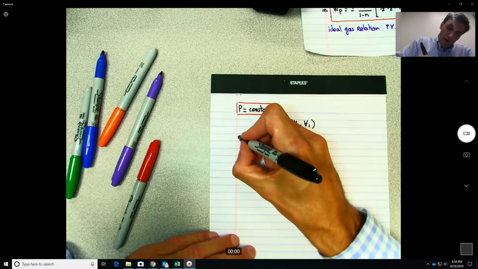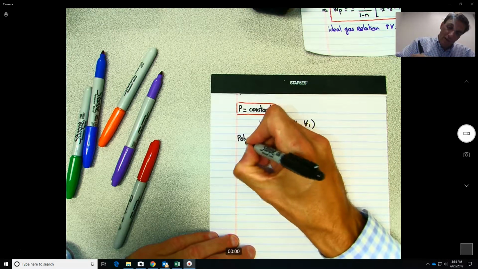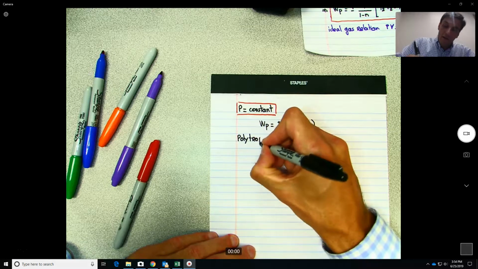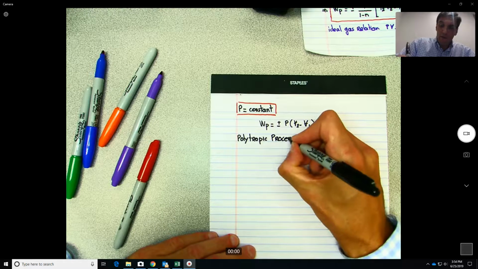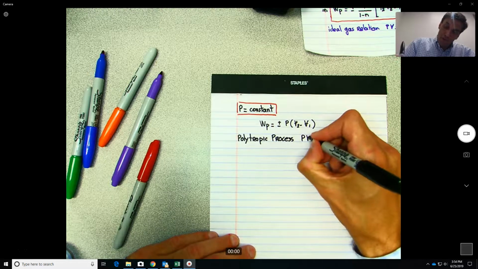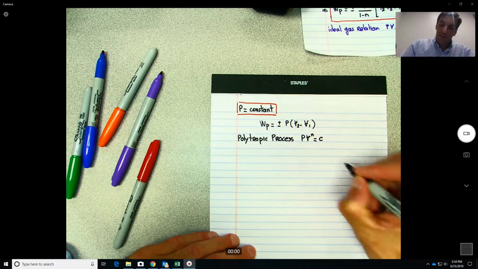Then for a polytropic process, which means PV^n equal to a constant.